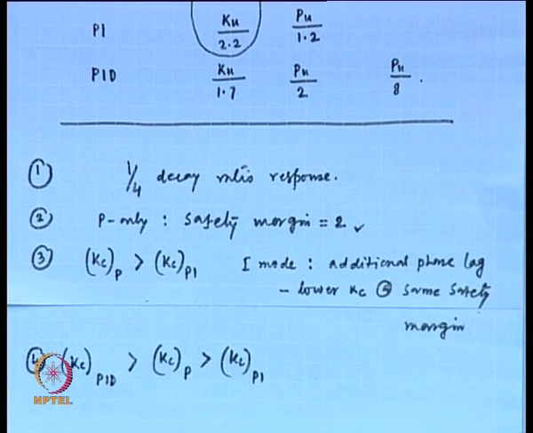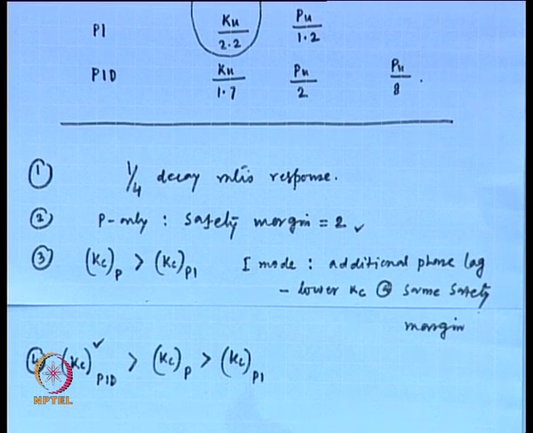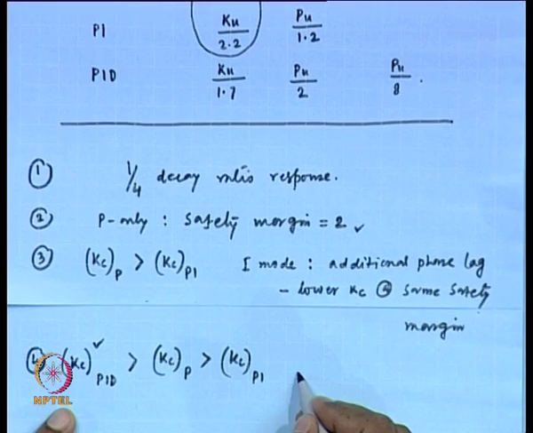So, the Kc value of PID controller is the largest one, because the derivative action introduces phase lead with stabilizing effect on the system.